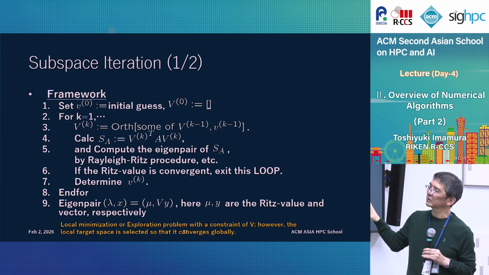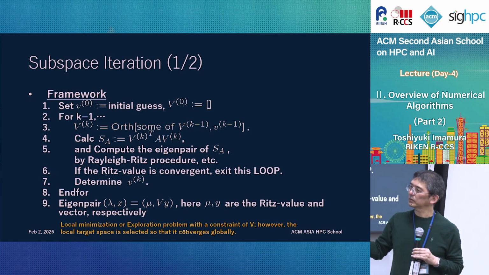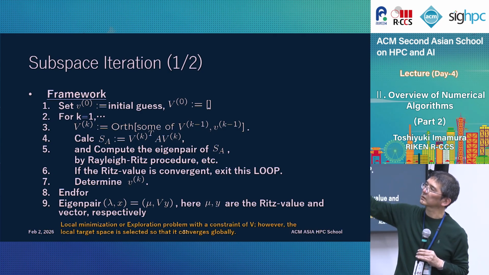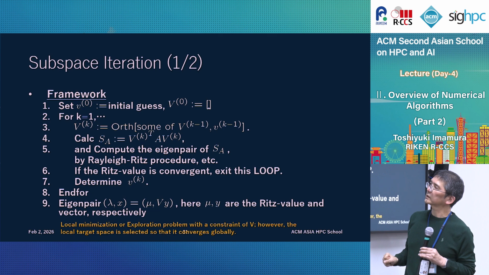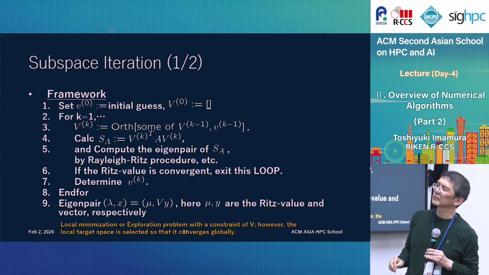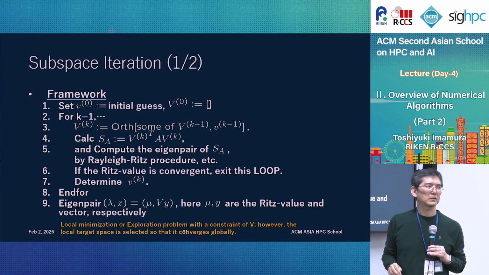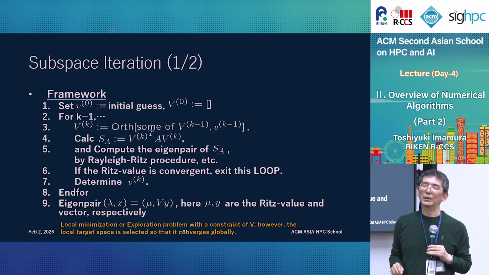So the converged vector, the subspace and the value obtained, the projected eigenvalue and eigenvectors, are associated with the matrix A's eigenvalue and eigenvector. Does it make sense? Do you understand? Okay.